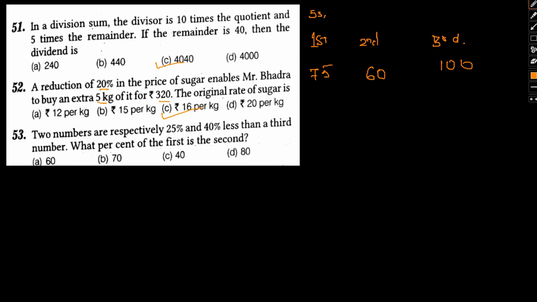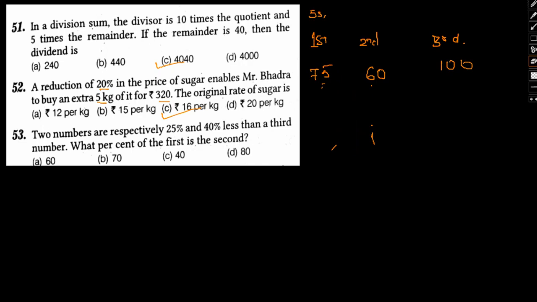Now if we look at 60 and 75, there's a difference of 15, and 15 by 60 is 1 by 4. Okay, my bad. What percent of the first number is the second number?